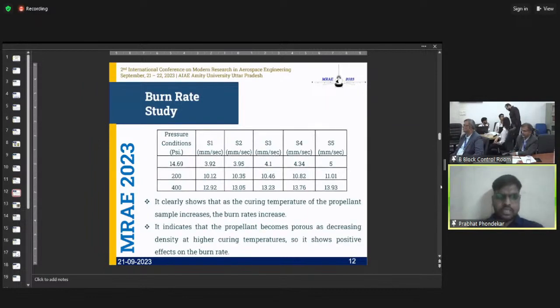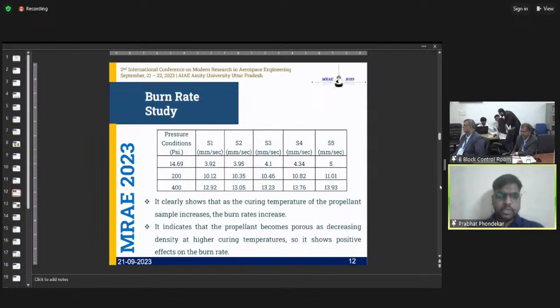Next, these are some results I have got from the study. The first column indicates the pressure in psi, then sample 1, sample 2, and so on. As you can clearly see, for sample 1, as we increase the pressure, the burn rate also increases, that is a standard condition.